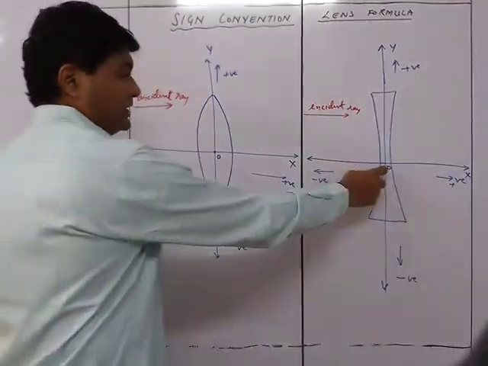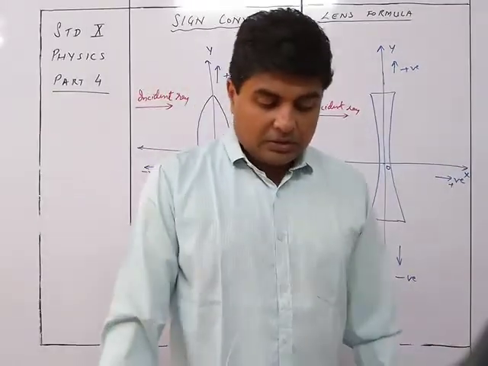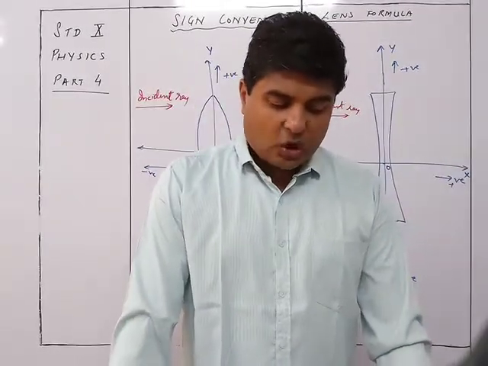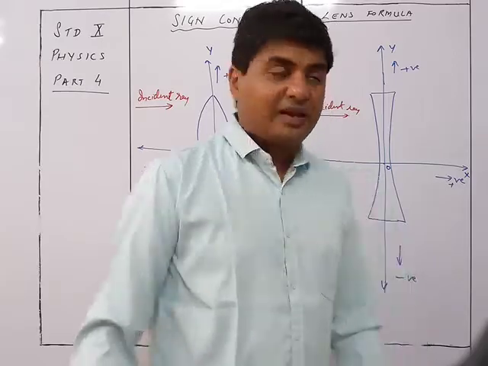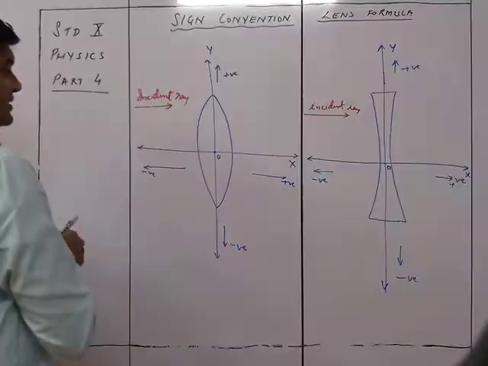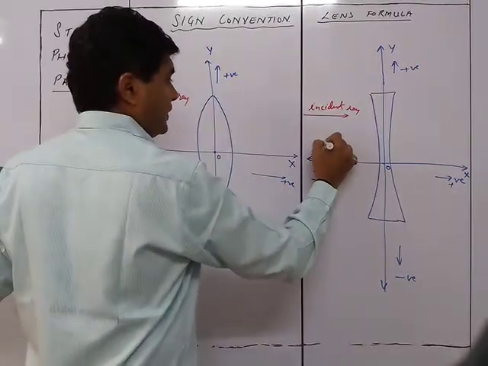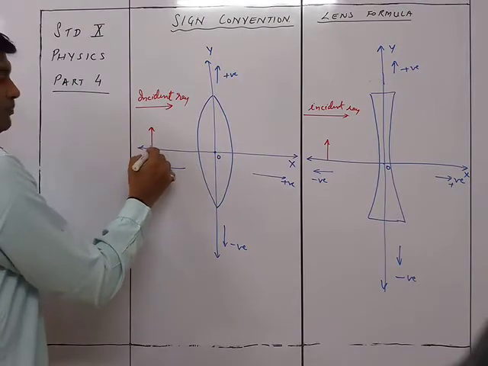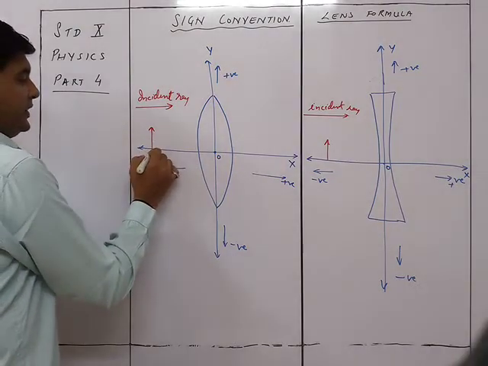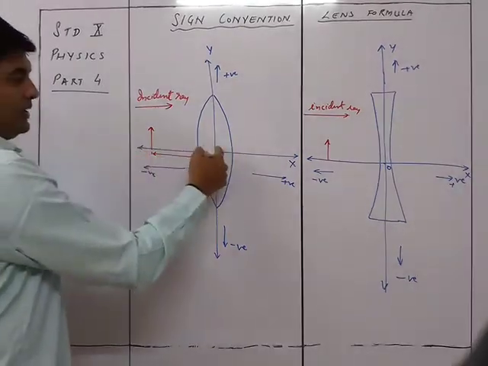See, optical center. The object is considered to be placed on the principal axis to the left of the lens. So to the left of the lens is the incident ray. So the object is placed to the left of the lens. That means if the object is placed over here, this is the distance between the object and the lens.